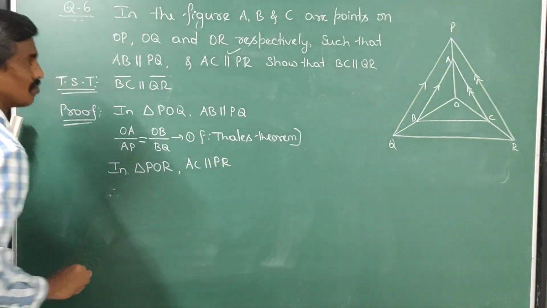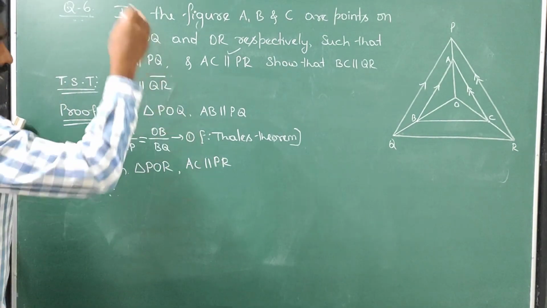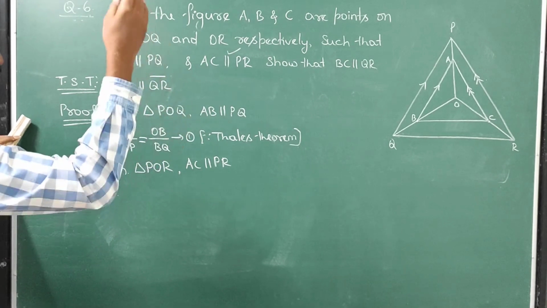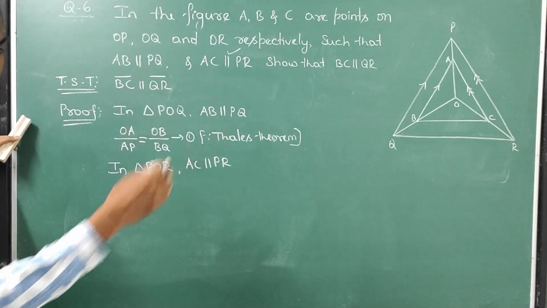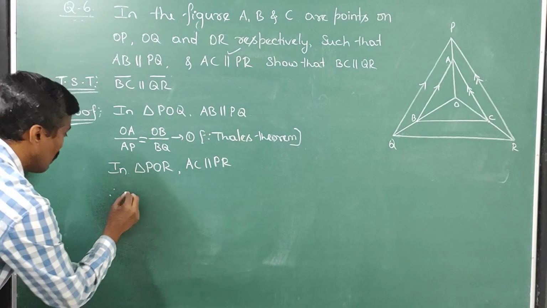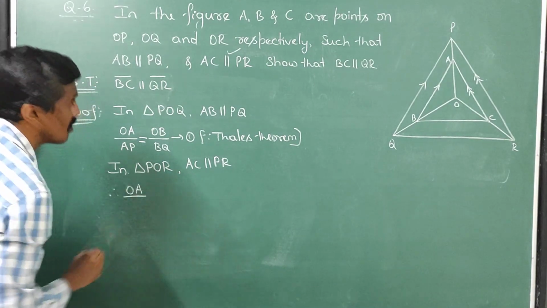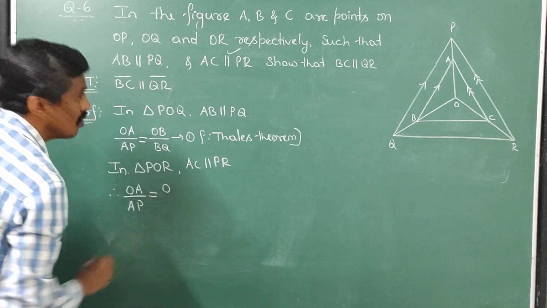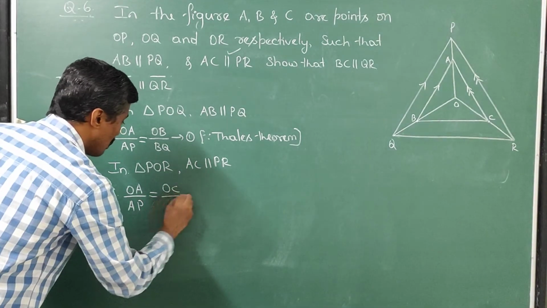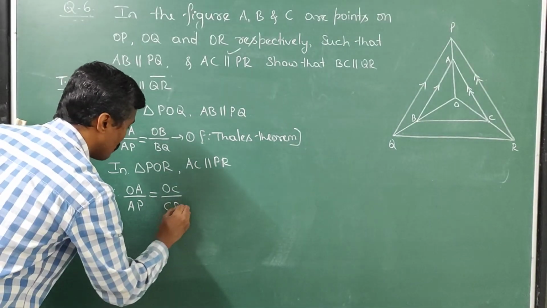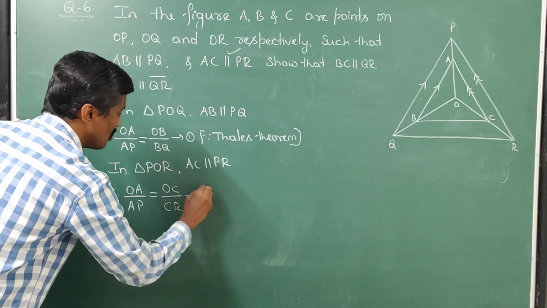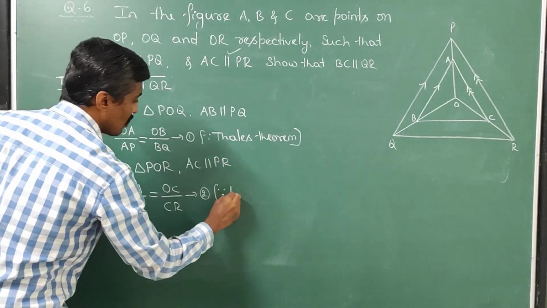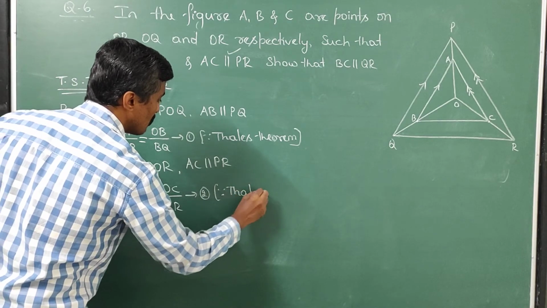Therefore AC divides the OP side and OR side in the same ratio. Therefore, once again, OA divided by AP is equal to OC divided by CR, number 2, once again according to Thales theorem.